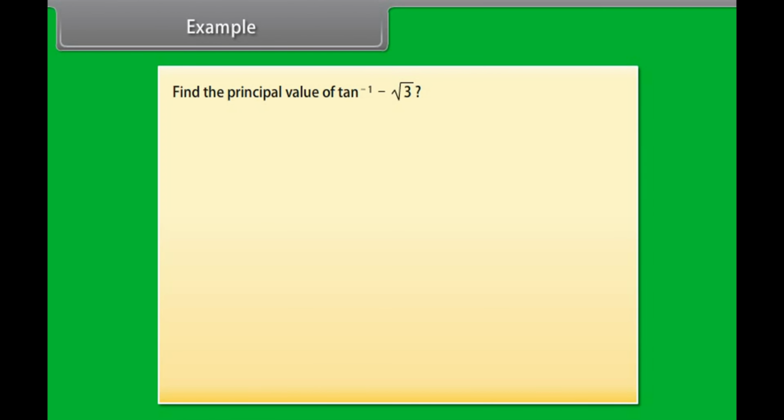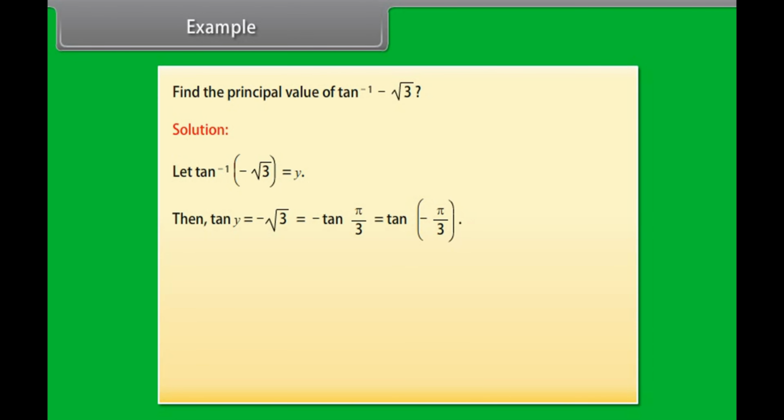Example. Find the principal value of tan inverse of minus square root 3. Solution. Let tan inverse of minus square root 3 is equal to y. Then tan y is equal to minus square root 3 is equal to minus tan pi by 3 is equal to tan minus pi by 3.